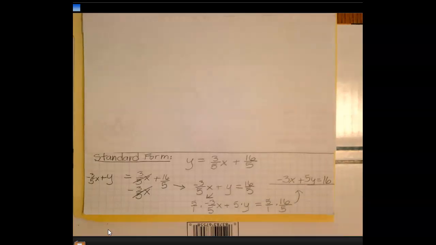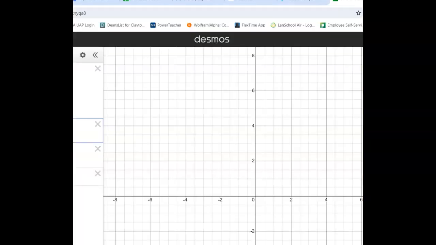So one more thing before we finish this video, I'm going to go to Desmos and I'm going to demonstrate to you what this looks like. So here we are in Desmos, and I'm going to increase my field of screen if I can.